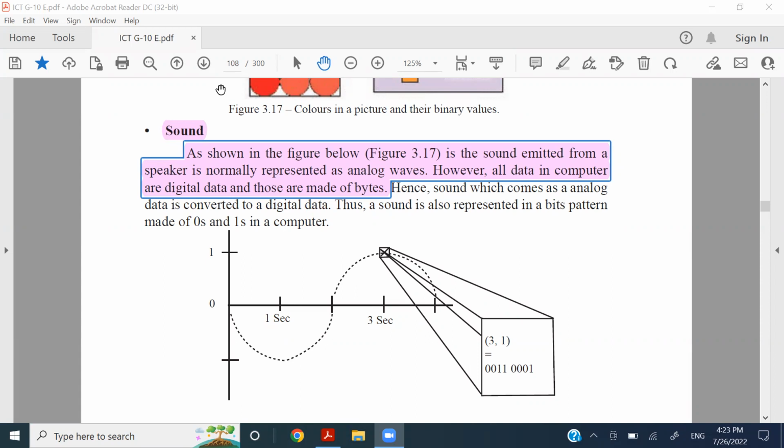Yeah, Sanushi, it's like this. Sanushi is asking to describe the part about sound, the graph kind of thing. So, Sanushi, sound generally happens in this manner. We call this the analog wave. Each and every point of this analog wave will be converted into a binary code. How are they going to convert it?